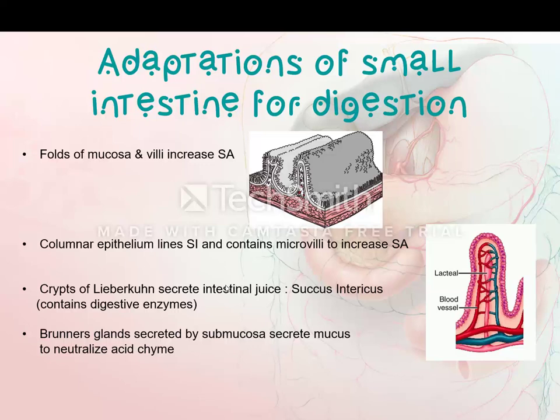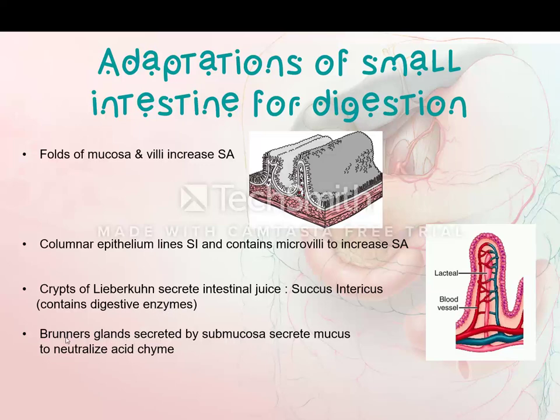Those intestinal juices we refer to as Succus entericus. Succus entericus contains digestive enzymes that will break down food. So, crypts of Lieberkühn produce Succus entericus, which contains digestive enzymes, which is going to aid in digestion.